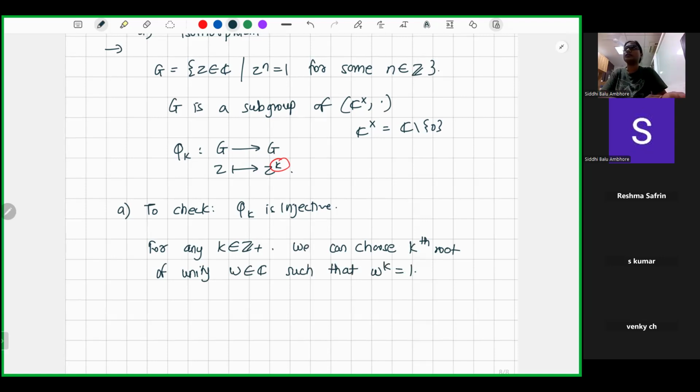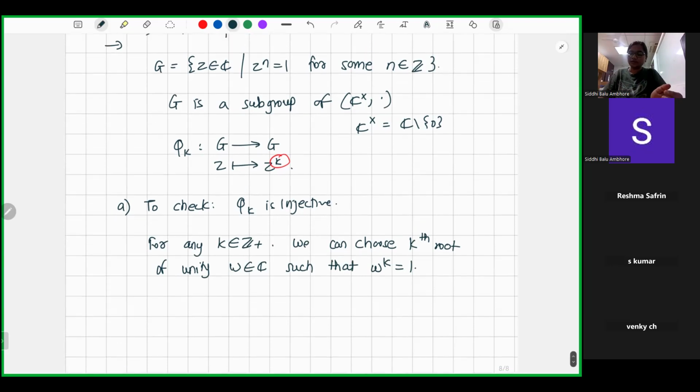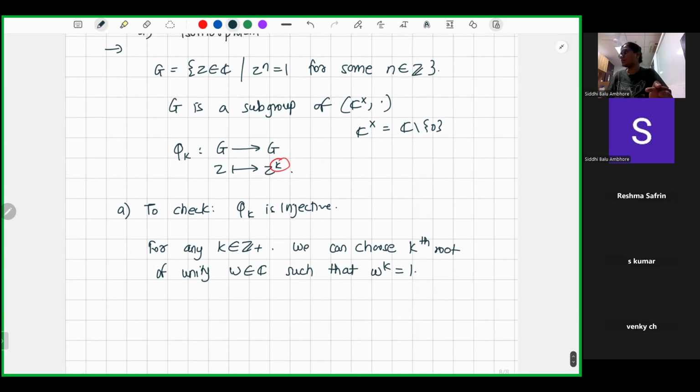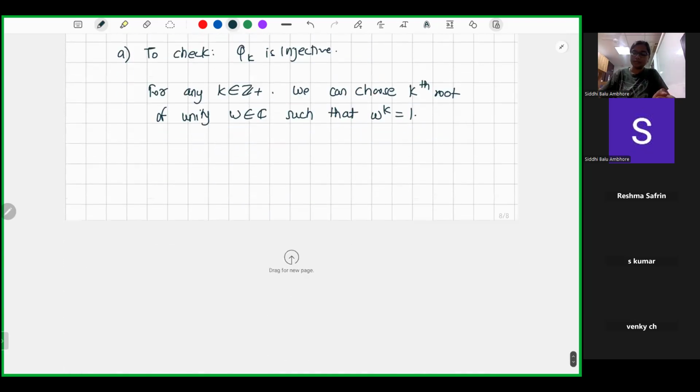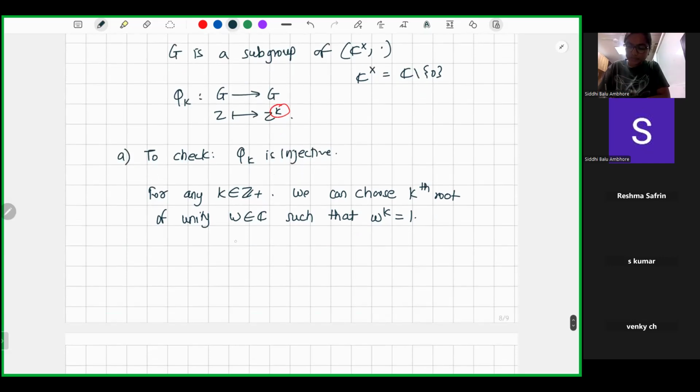This we can always choose, right? And we have such elements in C. And if not, then we can use this polynomial.